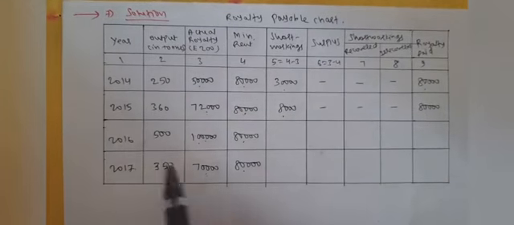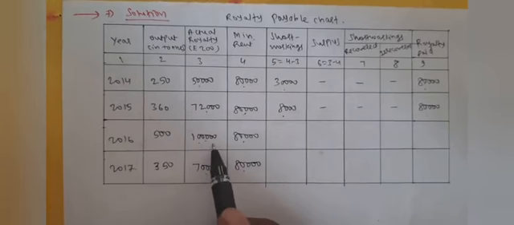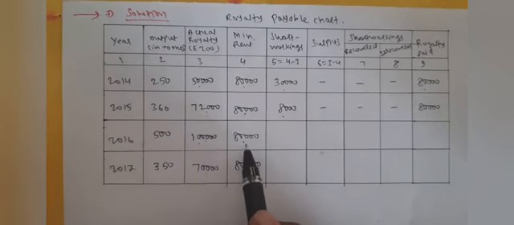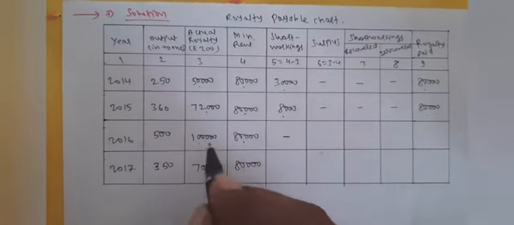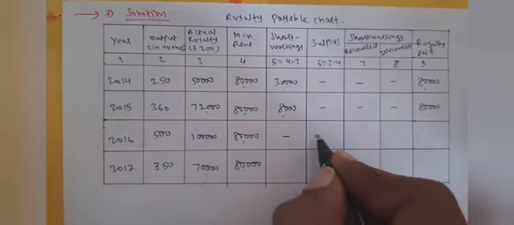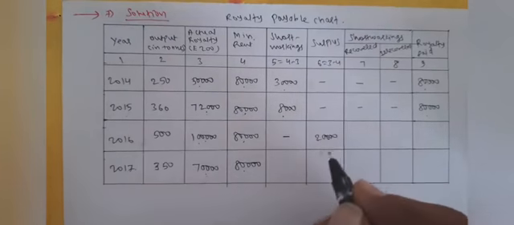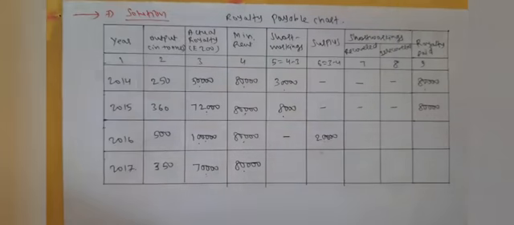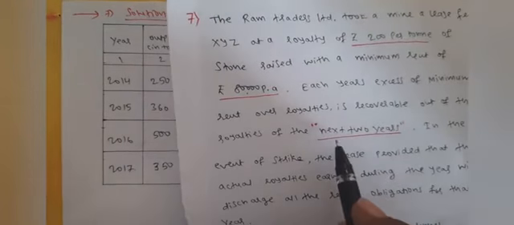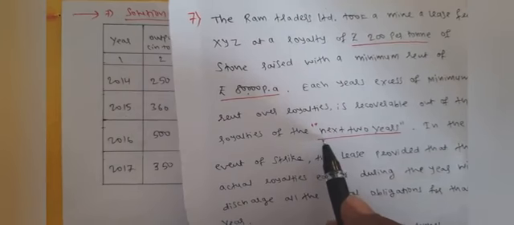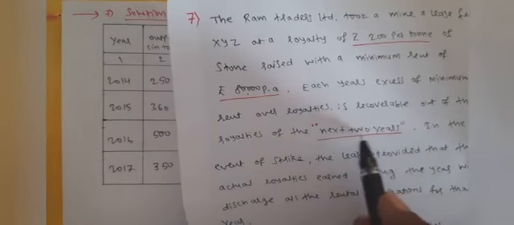Now when it comes to 2016, see here, actual royalty is 1 lakh, minimum rent is 80,000. So there is no short working, but there is a surplus because actual royalty is more. It is more by rupees 20,000. Now regarding short workings, what they have provided is that the short workings can be recouped within the next 2 years.